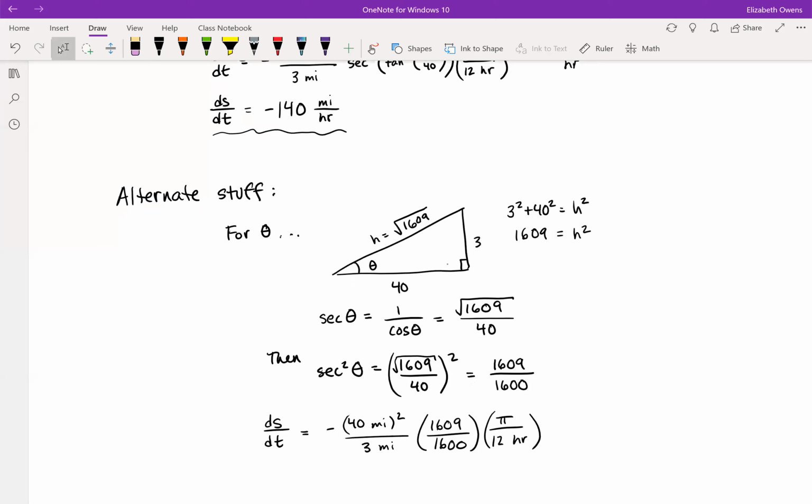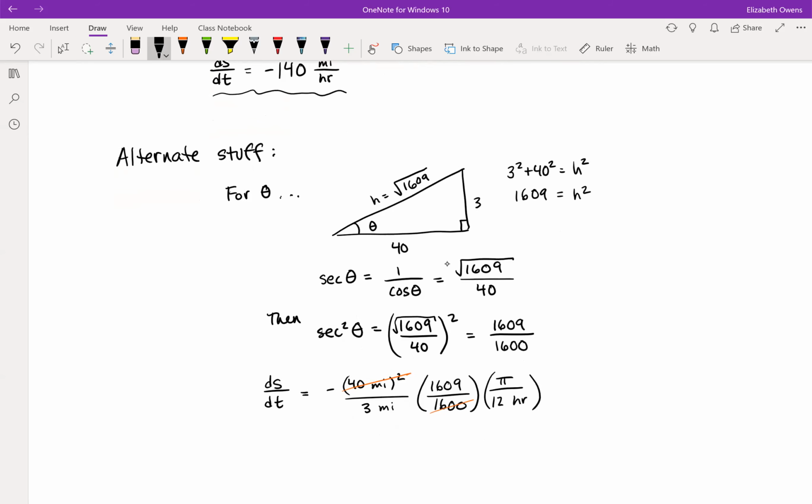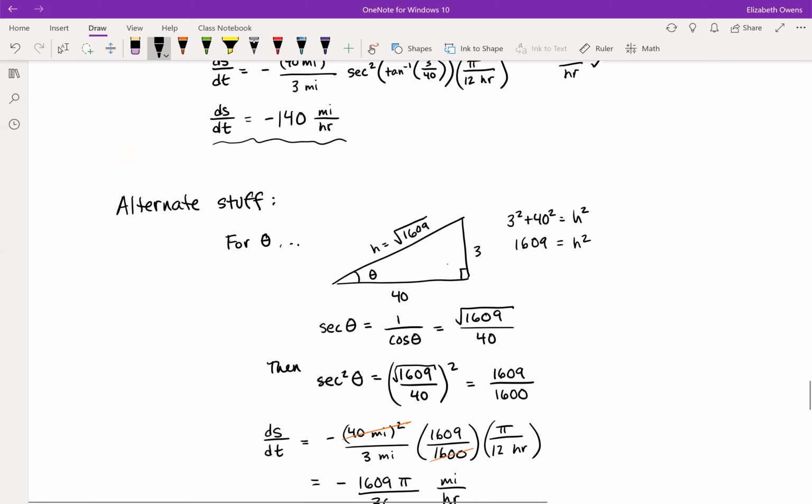Okay, and it turns out, since the 1600 is from 40 squared, that's going to just cancel out that numerator right there. So you'd have ultimately negative 1609 pi over 36, okay, miles per hour.